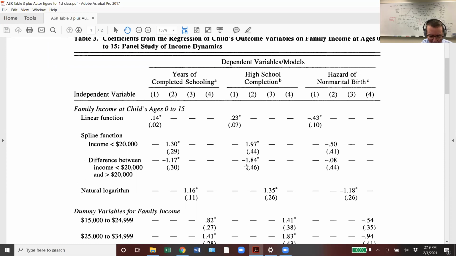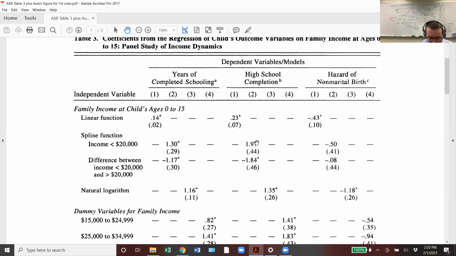But if we allow for a spline, right over here, remember we allowed when it was just years of schooling, it looked like every additional $10,000 was only associated with a 0.14, about a seventh of a year of schooling. When we allowed for that schooling to be much more responsive to income at low income, we found it was 10 times more responsive, the 1.30 as opposed to the 0.14.